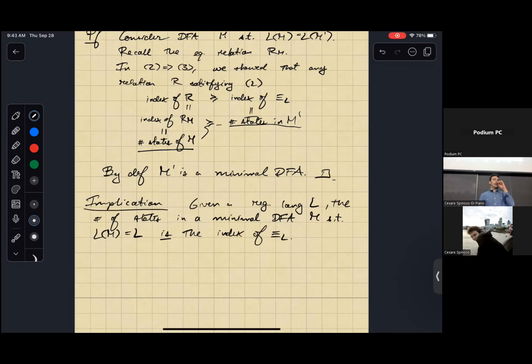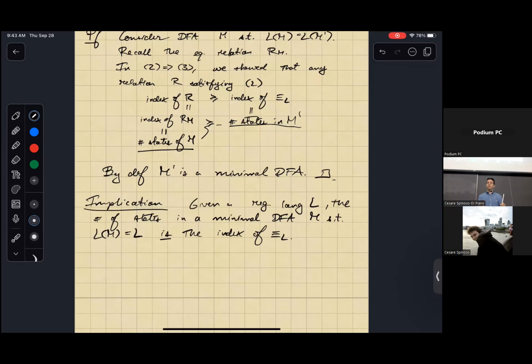And so now I'm ready to talk about the uniqueness of the minimal DFA. It turns out that when you have a minimal DFA, any other DFA which is also minimal and which accepts the same language is going to be the same. It's slightly tricky to prove that if I just show you the minimization algorithm.